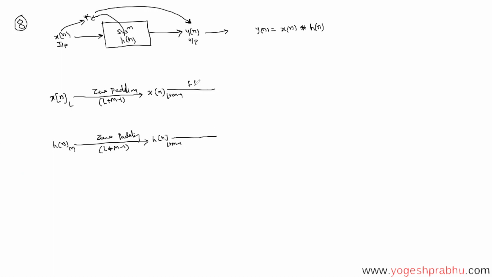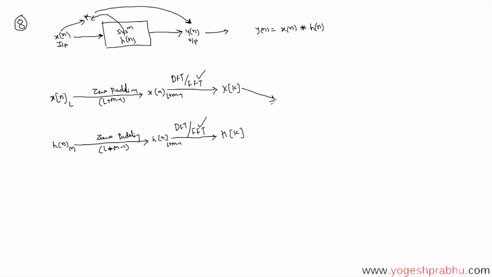FFT, which is nothing but the same as DFT, but the FFT is faster and better. Once you do FFT, you're going to get x of k, and the FFT of h of n is going to be h of k.